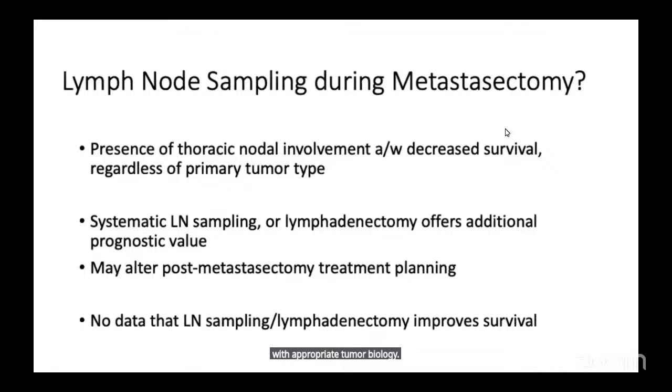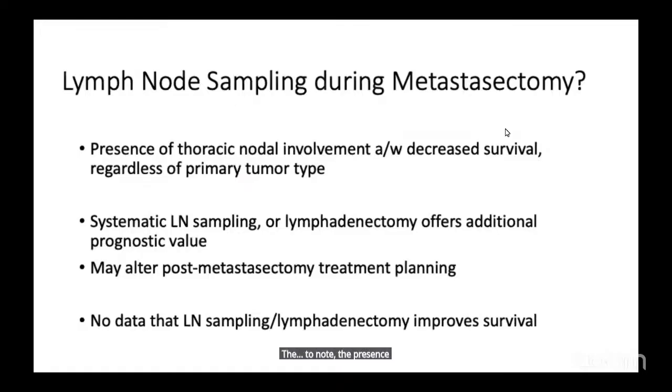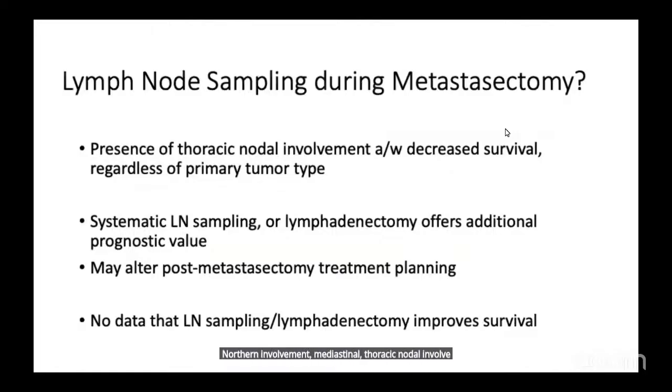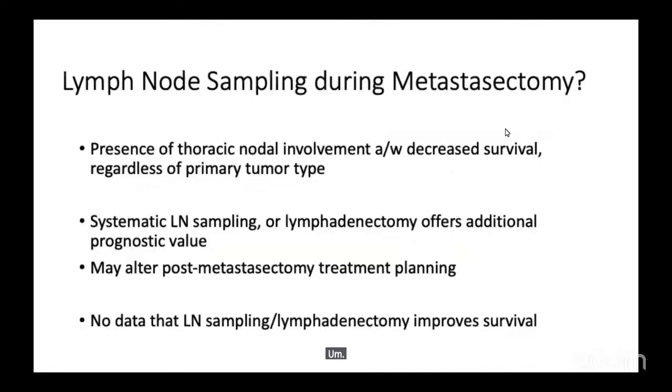So I mentioned lymph node sampling during metastasectomy. To note, the presence of thoracic nodal involvement is associated with decreased survival, regardless of the primary tumor type. So with mediastinal thoracic nodal involvement, you're already looking at a case where there is some decreased survival. Systematic lymph node sampling or lymphadenectomy does offer additional prognostic value.